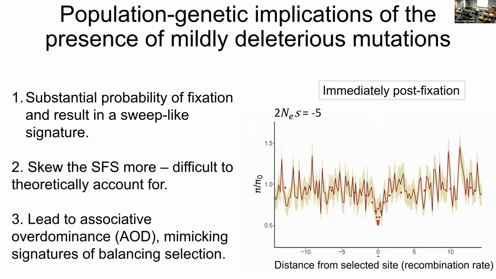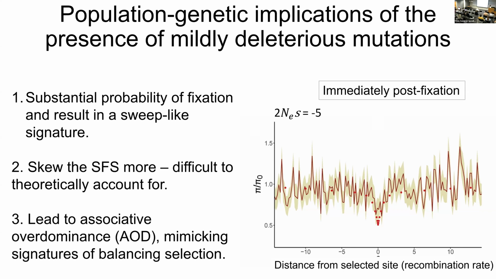So if you have a mutation with a 2Ns of -5, it'll fix in the same time as one with a 2Ns of +5. And the implication of that is that they end up leaving similar sweep-like signatures in the genome, where you'll have a dip in diversity around that site.